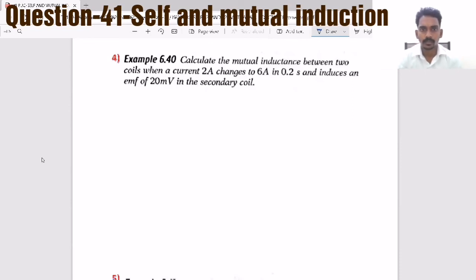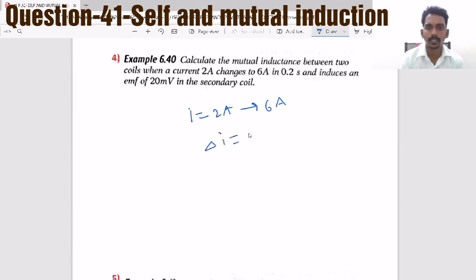Now comes one more question. Calculate the mutual inductance between two coils when a current of 2 ampere changes to 6 ampere. That means delta I is 4 ampere in a time delta t of 0.2 seconds, and the induced EMF is 20 milli, that means 10 power minus 3 volts.